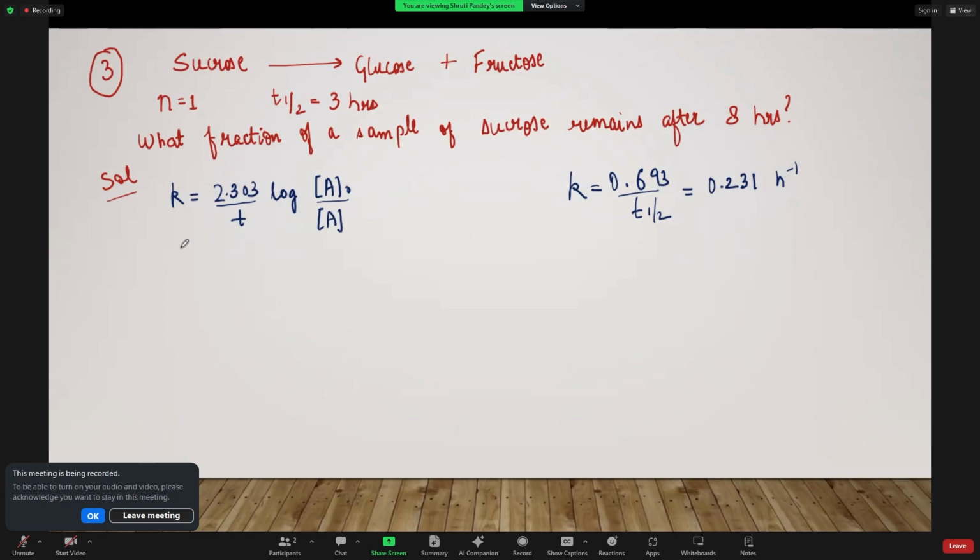So you just put the values and find out the value of this fraction which is inside the log.